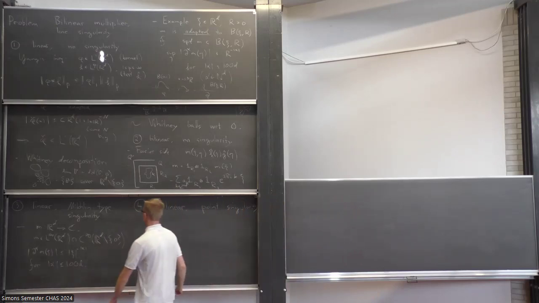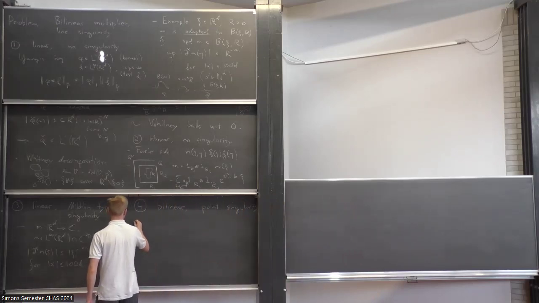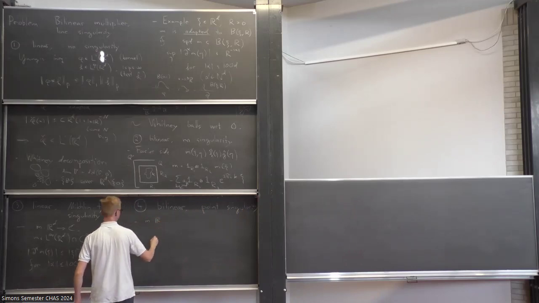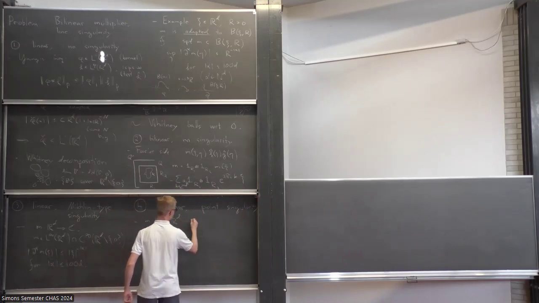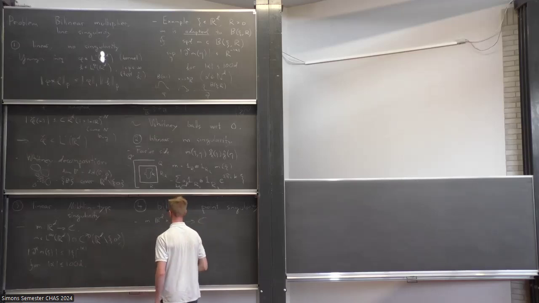So now the point is that we take a multiplier, which is again on R^d cross R^d, into the complex numbers.